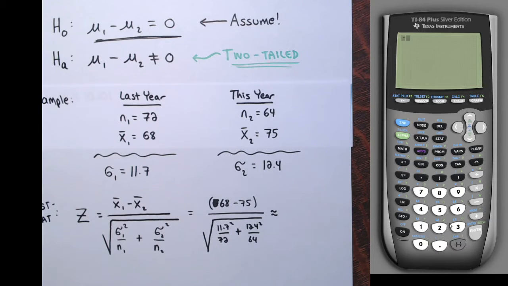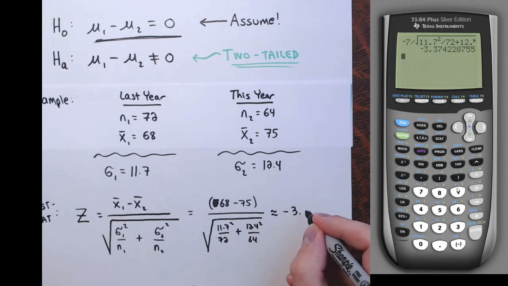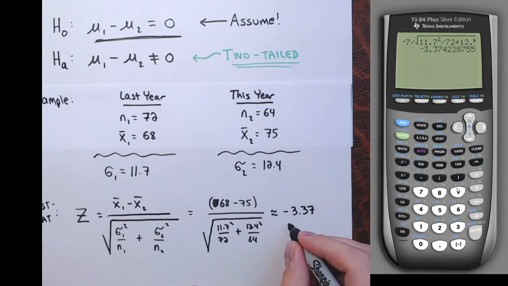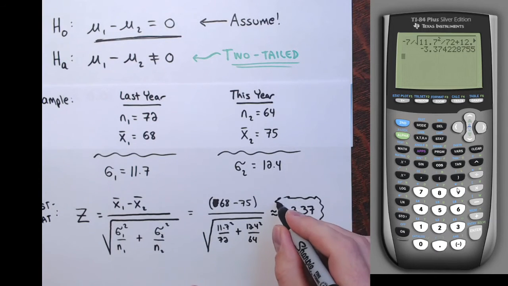So I'm going to put negative 7 in the numerator, divided by the square root of, and just make sure all this is underneath the square root symbol, 11.7 squared divided by 72 plus 12.4 squared divided by 64. Okay, and then we're getting approximately negative 3.37 if I round to 2 decimal places for the test statistic.